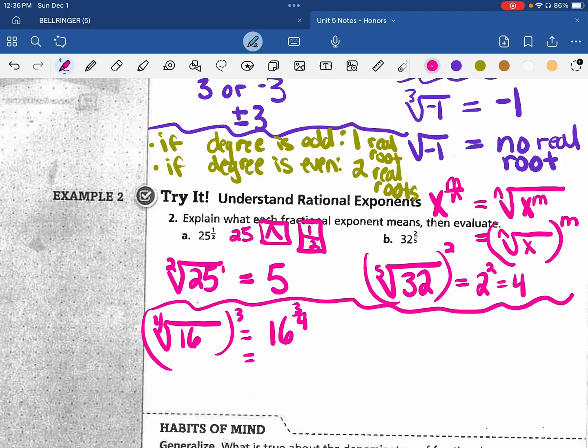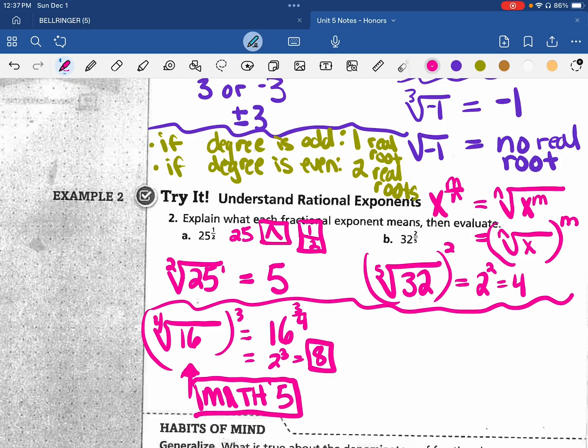It's just 2, because the fourth root of 16 is 2 to the third power, which is 8. But you can use your calculator. And you can even use your calculator at this point if it said evaluate it. You would use Math 5 to change roots. You go to the math and pick option 5, and it lets you change the index.